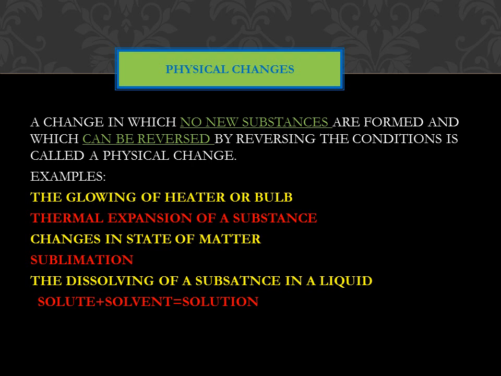An electric heater or a bulb glows when it is switched on, but the glow vanishes as it is switched off. So the change is reversible. Also, no new substance is formed, therefore, the glowing of a heater or bulb is a physical change.